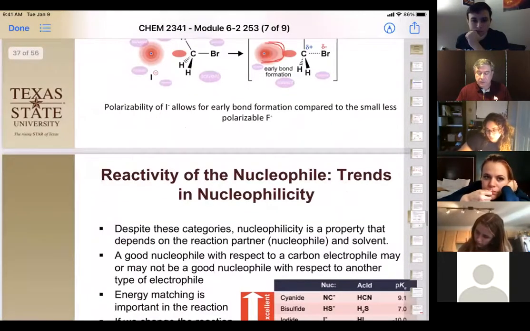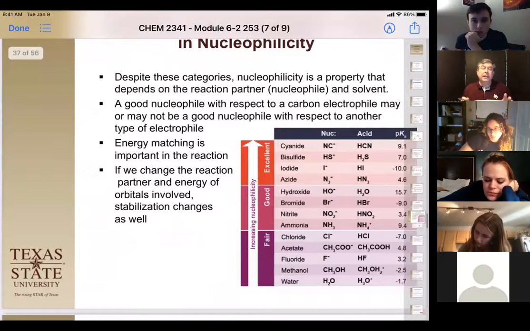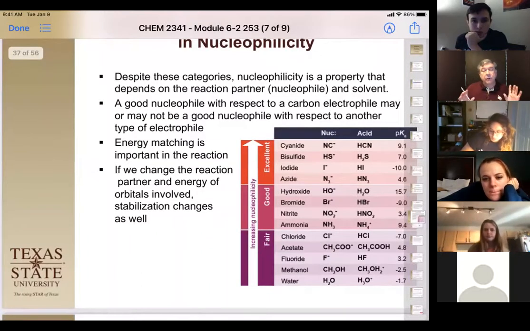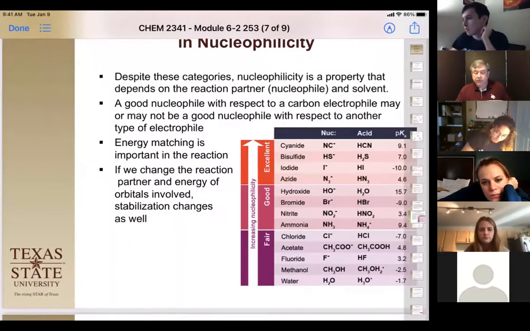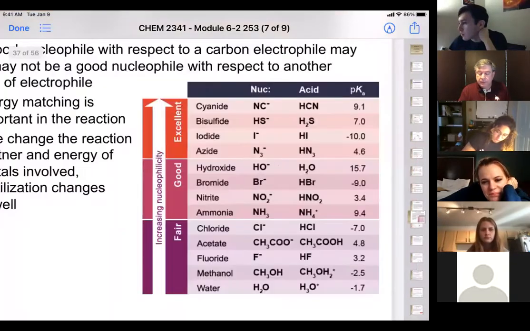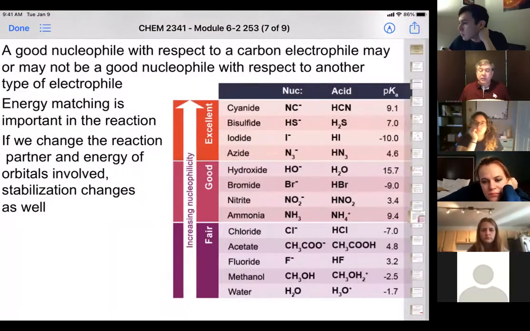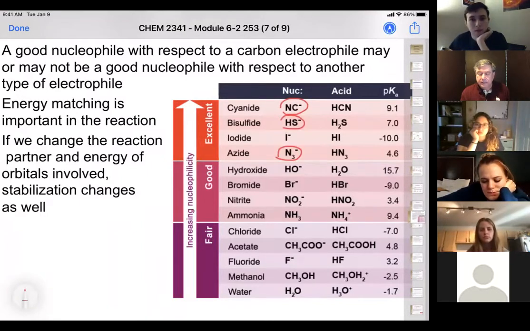Okay, so we can take those general trends and turn them into a table of good nucleophiles and bad nucleophiles. I'm going to pull this up right here. Notice it's not just pKa here. We have a combination of different things. On these, we have a negative charge right here. And in the case of these three right here, they are very polarizable.